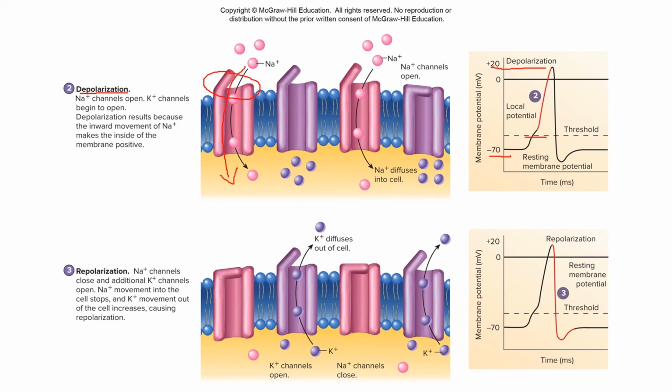Okay? And then for repolarization, the sodium channels close and then the potassium diffuses outside of the cell, causing the process of repolarization, going to hyperpolarization and then of course going back to its resting membrane potential. Okay?